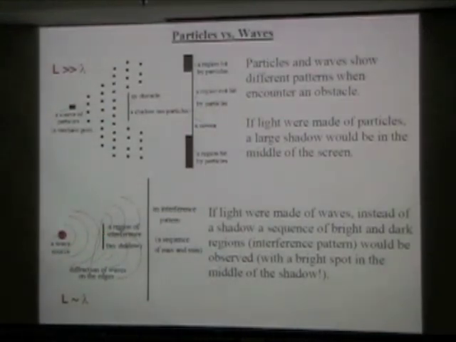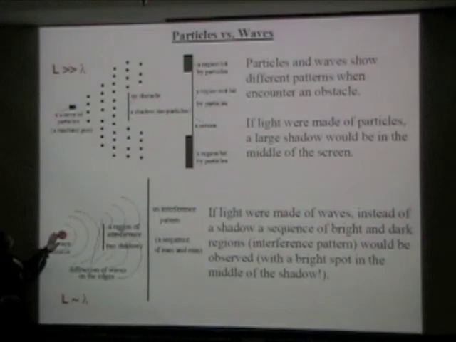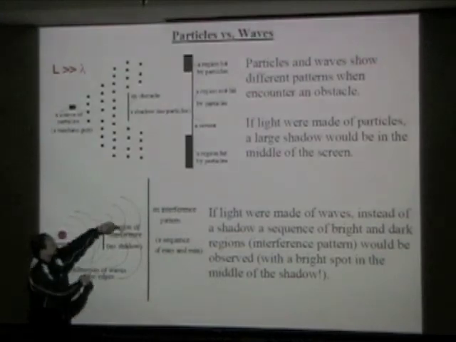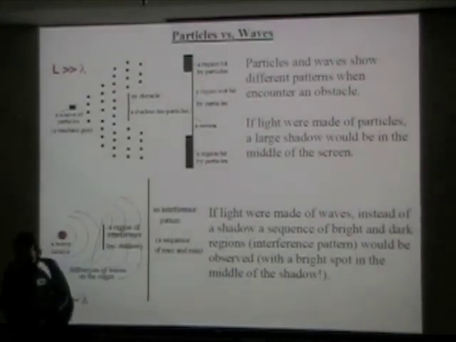However, the wave theory tells us that if we place a relatively small obstacle, because of bending behind this obstacle, we are supposed to observe a bright spot right in the middle of that shadow.